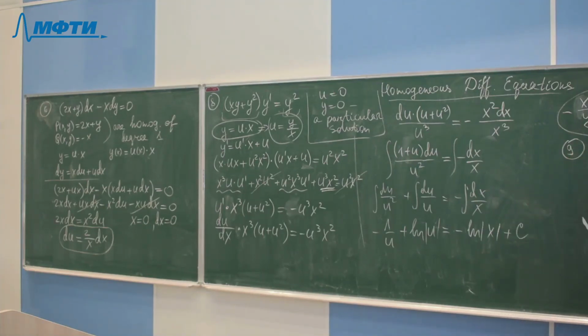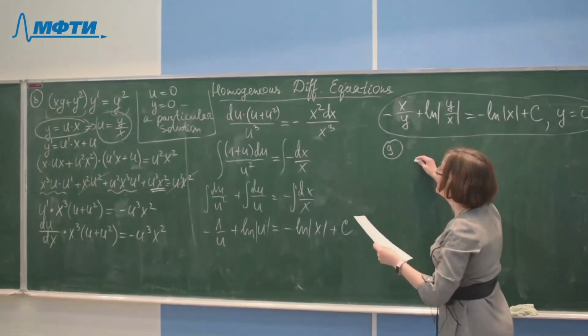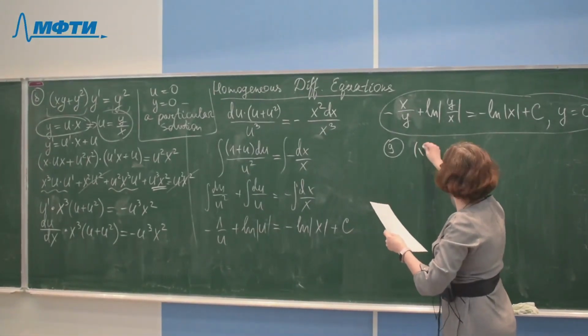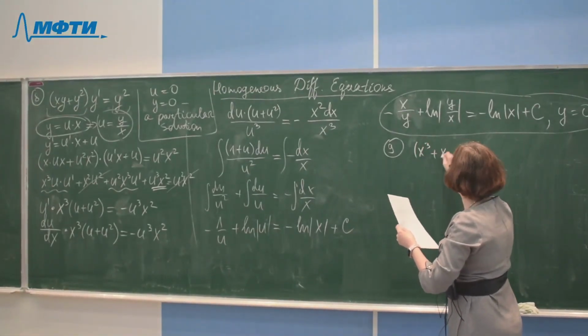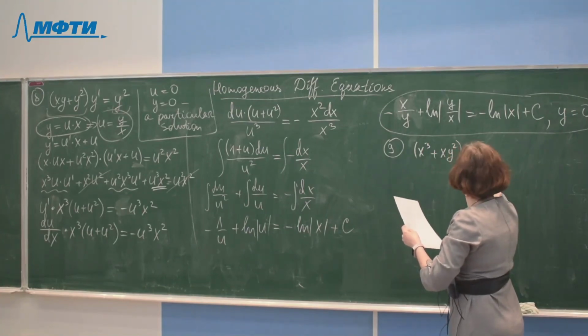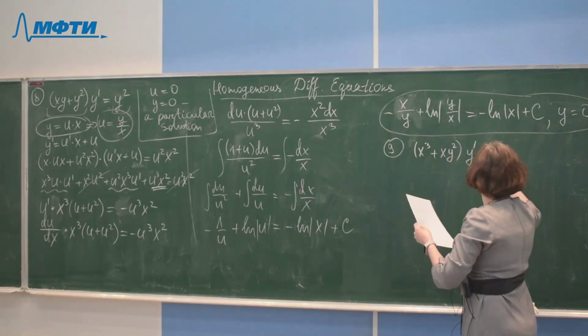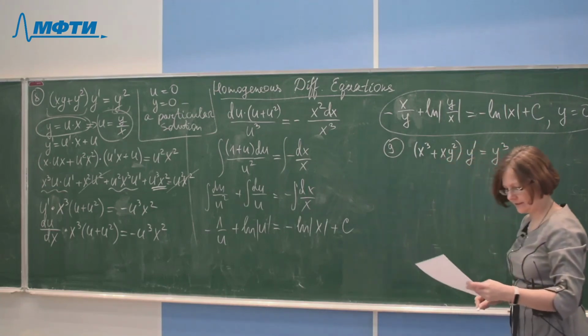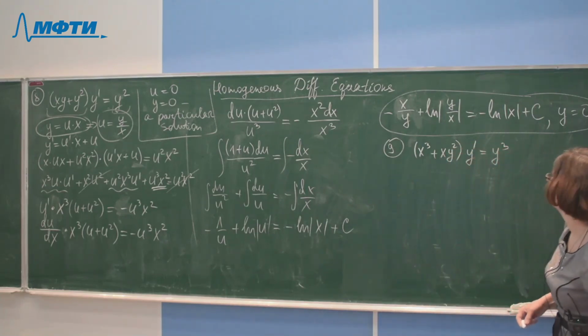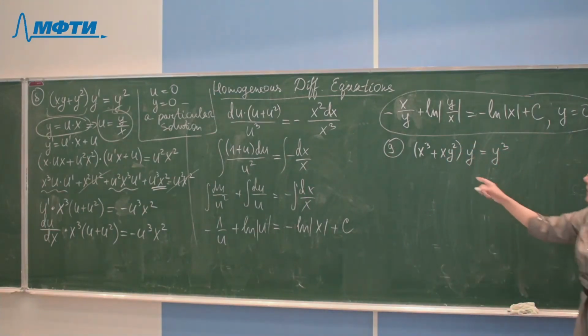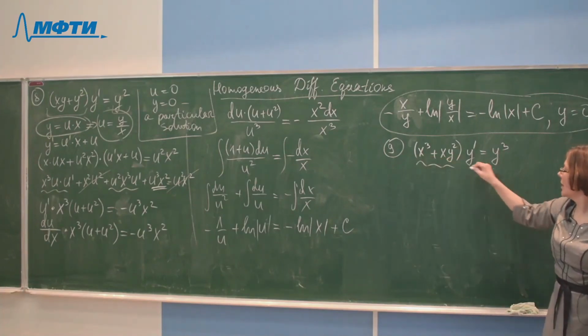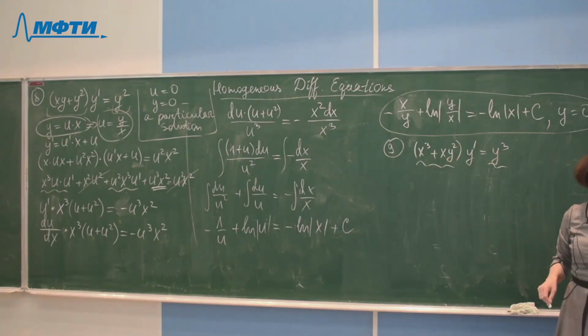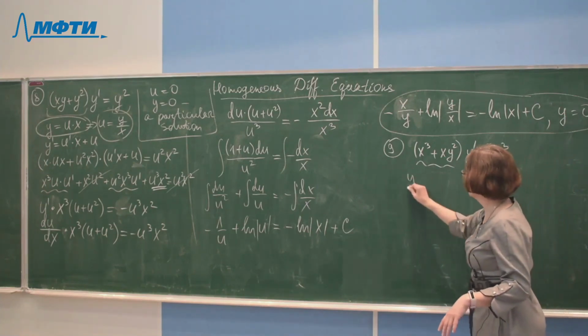Okay, the last task will be x cubed plus xy squared times y prime equals y cubed. Both functions are homogeneous of degree 3, so this differential equation is homogeneous. Make a substitution.